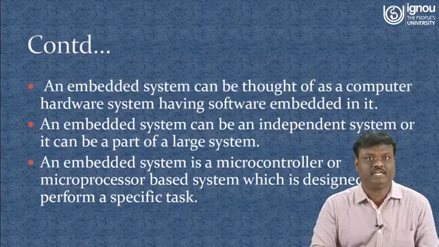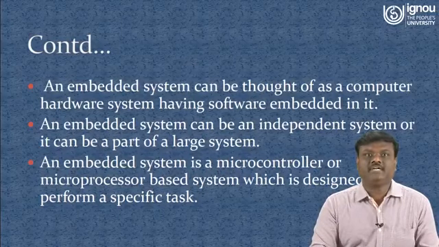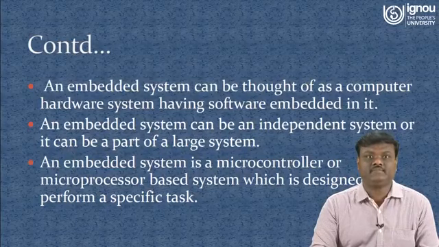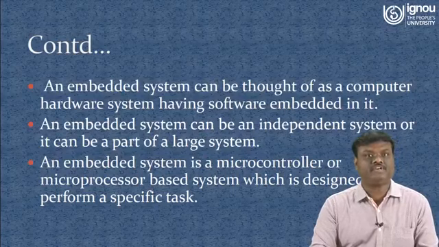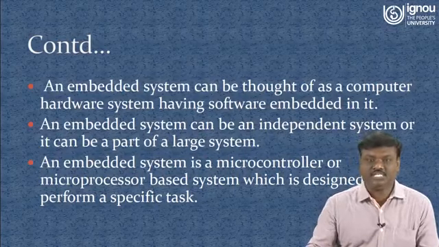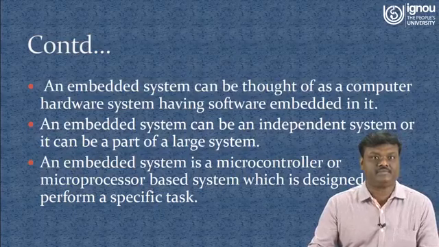That is one of the definitions taken from one textbook. An embedded system can be an independent system or it can be a part of a larger system. An embedded system is a microcontroller or microprocessor based system which is designed to perform a specific function. In this way we can define the embedded system.